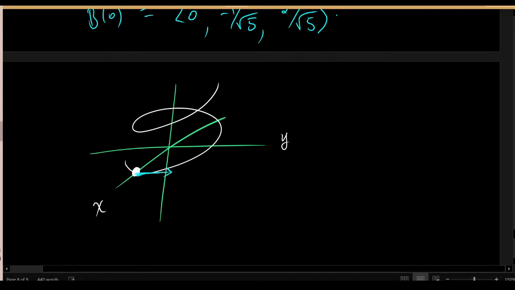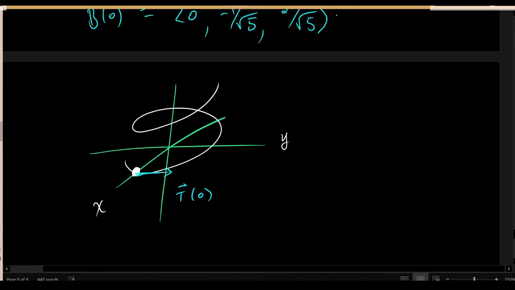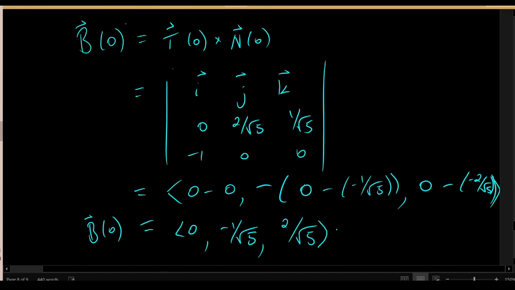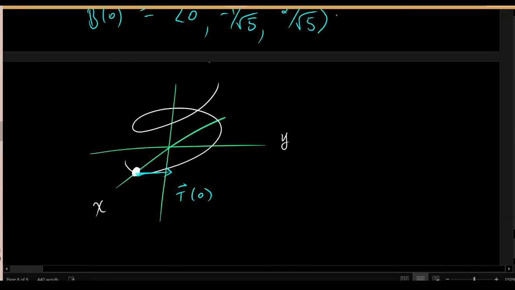Tangent to the direction of movement, truly tangent. All right, now the unit normal vector. The unit normal vector was negative 1 in the x direction and 0 for y and z. So this is pointing straight back, at a right angle to T, straight back toward the origin.